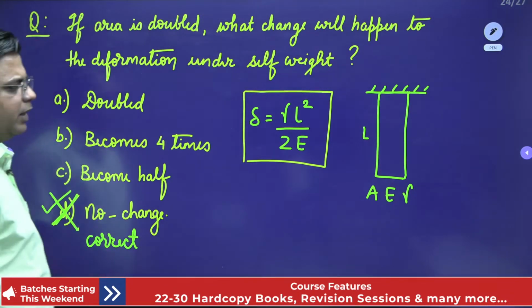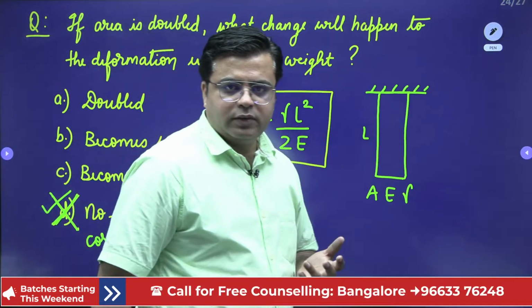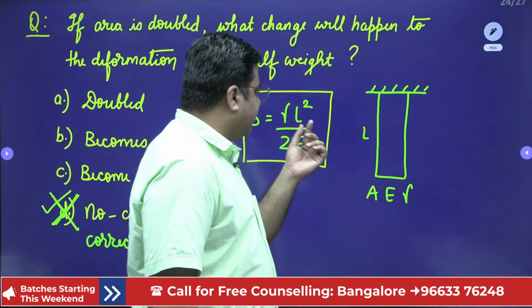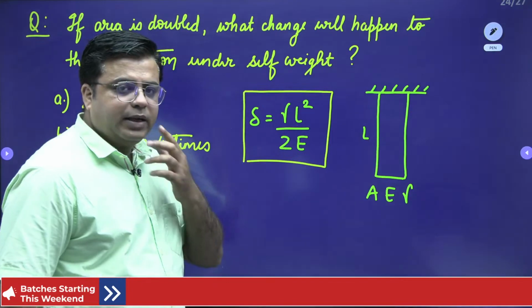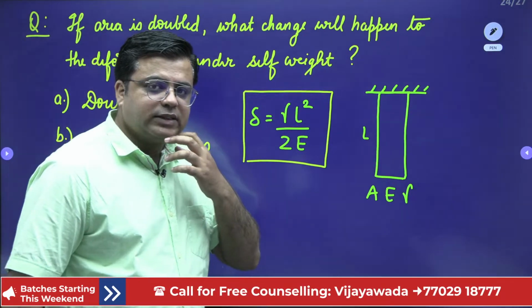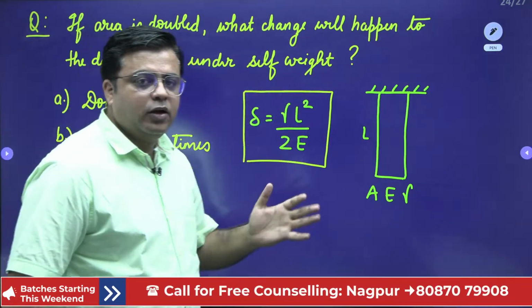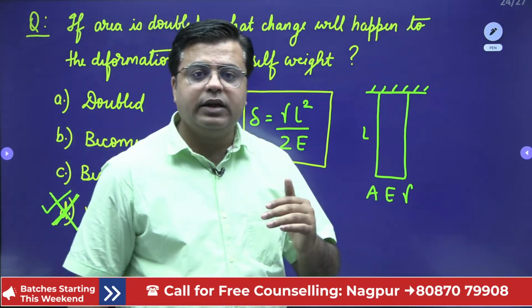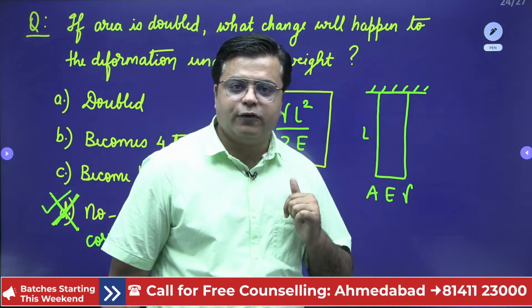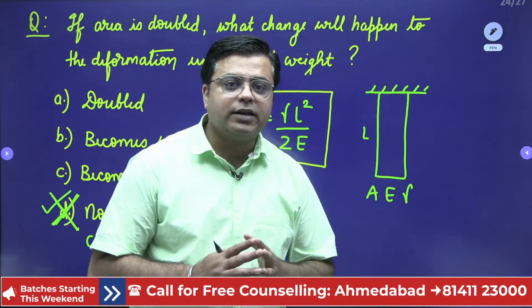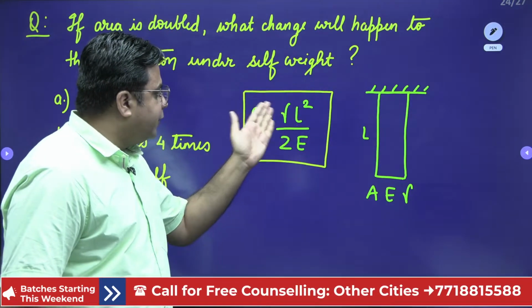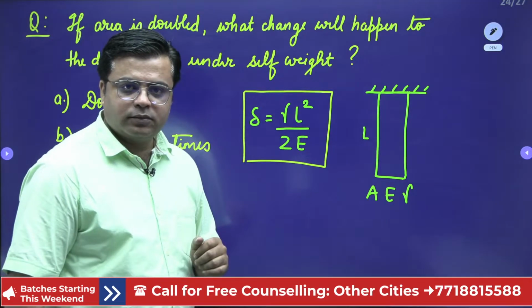Right. Similarly, there are other varieties of questions where the relation between length and unit weight will be given. If a question says if the length is doubled, what will be the change in deformation under self weight? You will say, sir, if the length is doubled, the deformation will become 4 times.